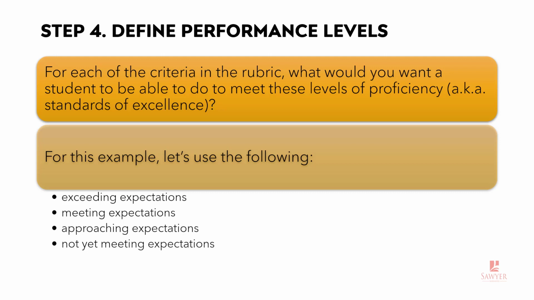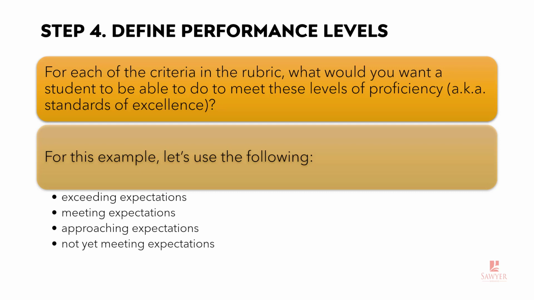So instead of just having excellent and satisfactory, those are a little subjective. They sound subjective, even though the descriptors would make it not subjective. So if we use things like exceeding expectations, meeting expectations, etc., then this takes away all subjectivity.